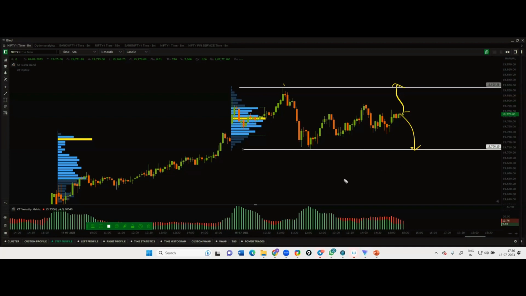So tomorrow, if Nifty opens within today's range, the range of 18th, I wouldn't be chasing a breakout or a breakdown, unless price breaks 19,700 or 19,825. Instead, these are the kind of days where you can focus on mean reversion trades.